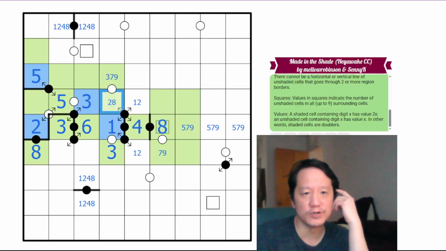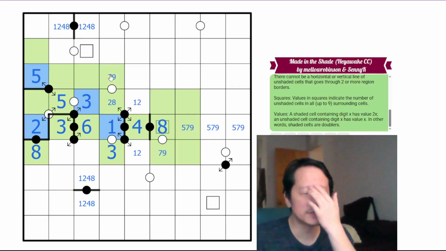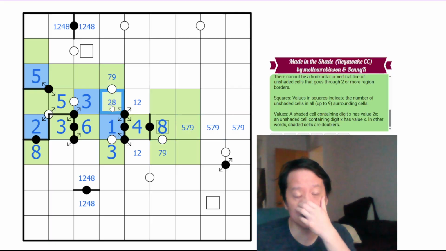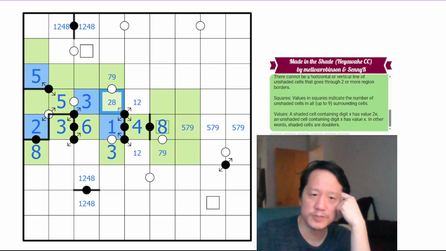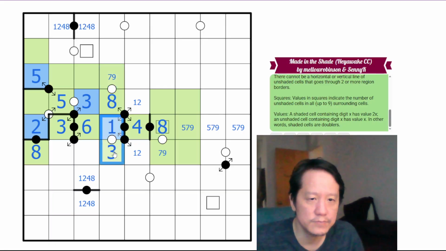So this is 3, which means this cannot be 3. Therefore, this is 7 or 9, which is not consecutive with 2 in value. So this must be 8. Okay, so this is not the same region as this.